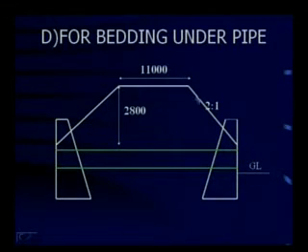We move on to the next topic. Yes, this is for bedding under the pipe. This is the embankment through which the pipe is running. Now, in order to make an excavation under the pipe, what do you need? You need the length of the pipe, the width of excavation under the pipe which is required, and the depth to which it has to be excavated. This is the length of the pipe. Okay, as you can see here, a part of the pipe is embedded in the head wall.